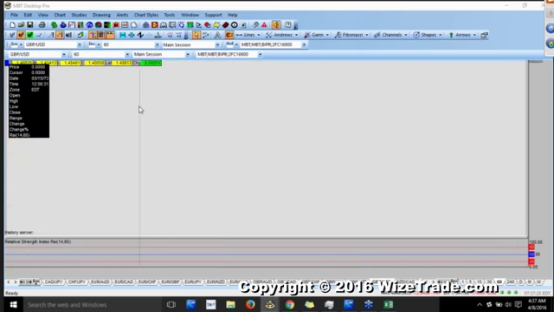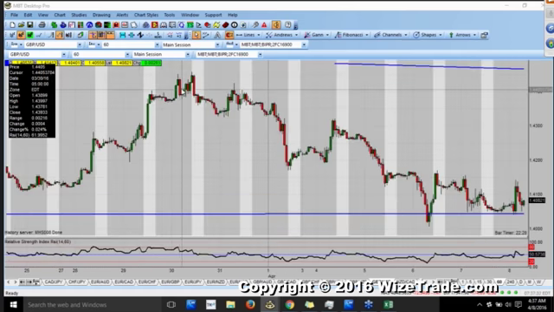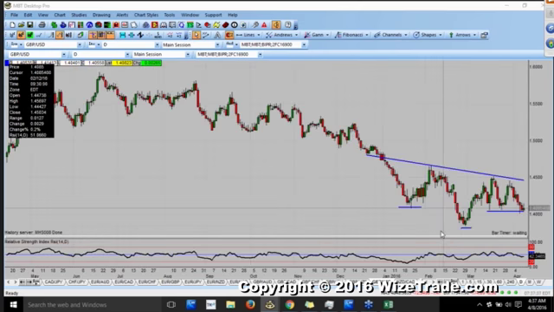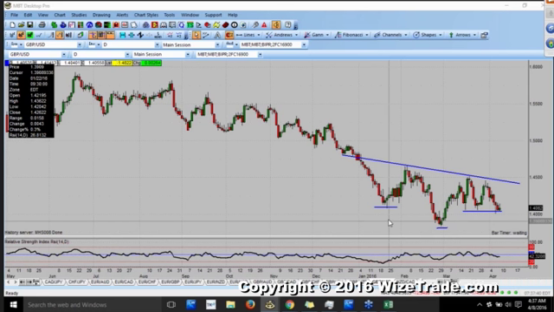All right, let's take a look at the cable. I'm going to go to the daily chart first of all. So here's our inverted head and shoulder pattern. I'm a little concerned with it because our right shoulder is becoming a little bit too long in the tooth.